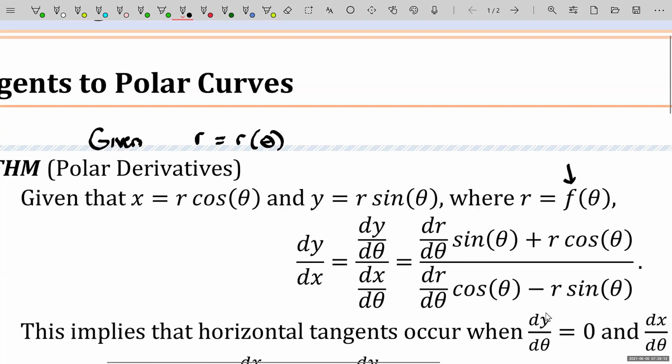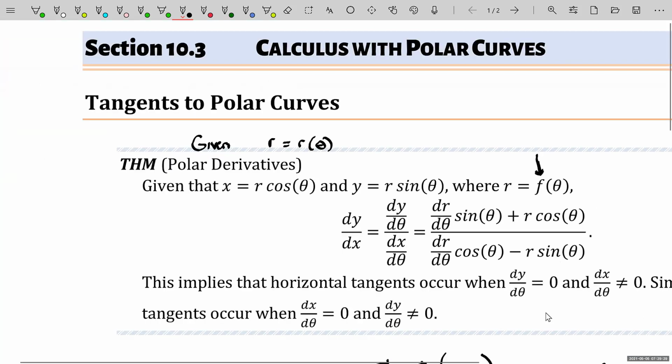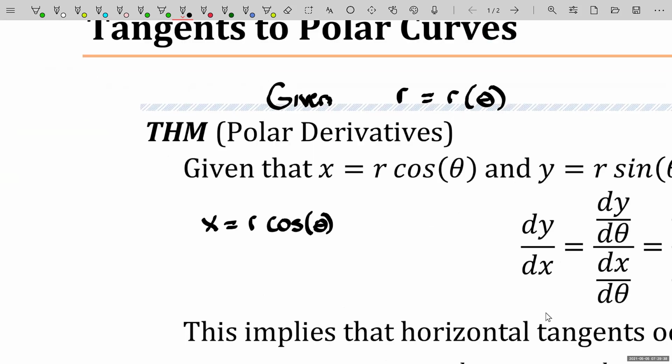Then the derivative of y with respect to x. In other words, we want to find the slope of the tangent line at some point. Well, we know from parametrics, because that's all a polar coordinate system is, parametrics. If I wrote it this way, x is equal to r cosine of theta and y is equal to r sine of theta, I hope you realize that's actually a parametric curve.